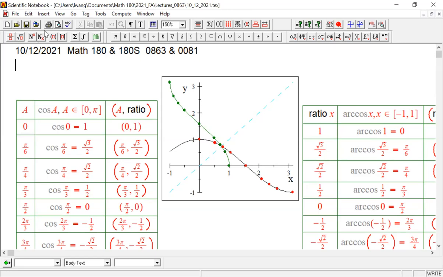Wait, where did I put it? Oh no. How come it doesn't paste? Wait. Okay, so let me do it again.